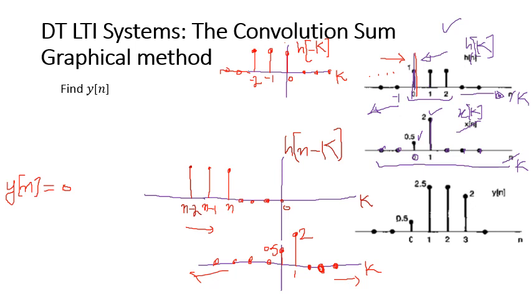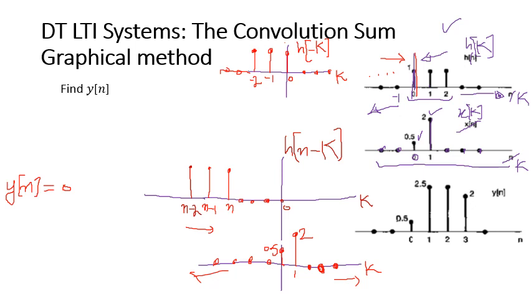You bring it closer towards this side, so again the product will result in 0 unless you reach 0. When n is equal to 0, this signal is non-zero and this signal is non-zero, so the product will be non-zero. Let me plot here again. I hope this gives you an understanding of what we are doing.